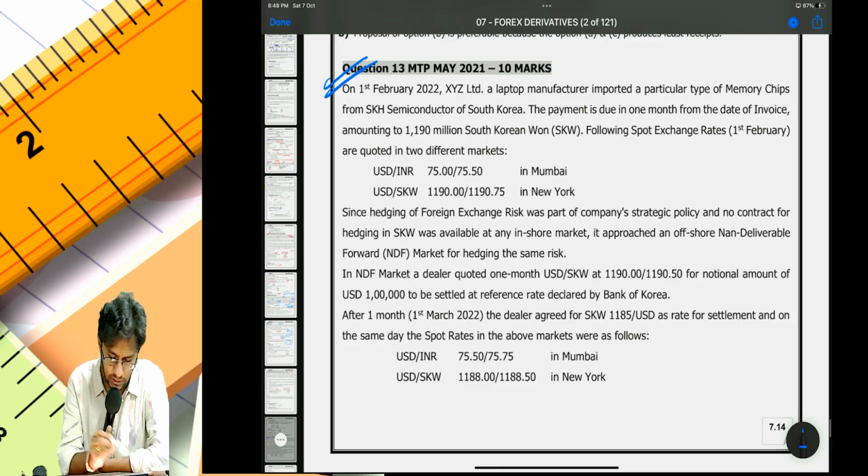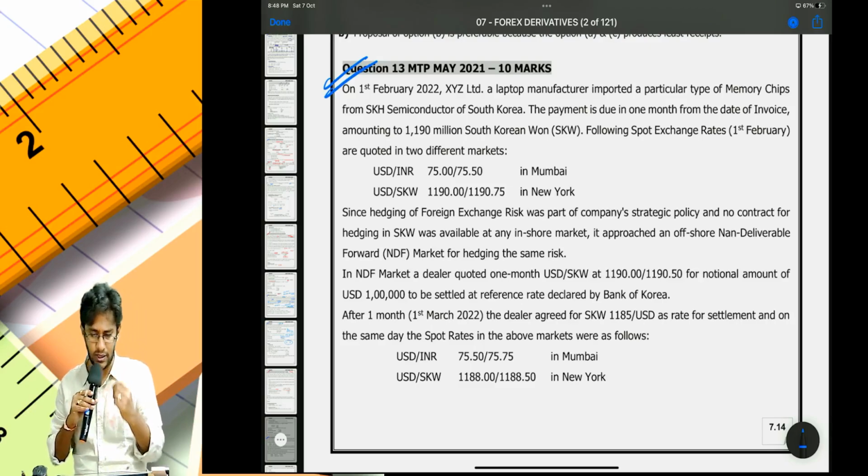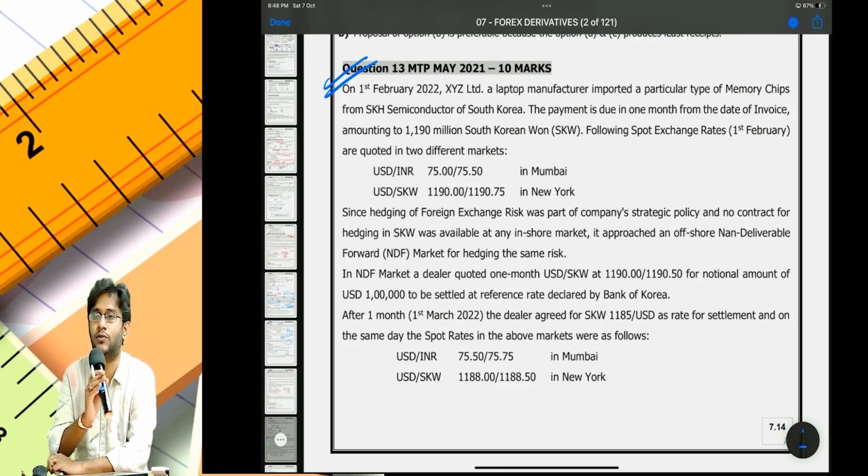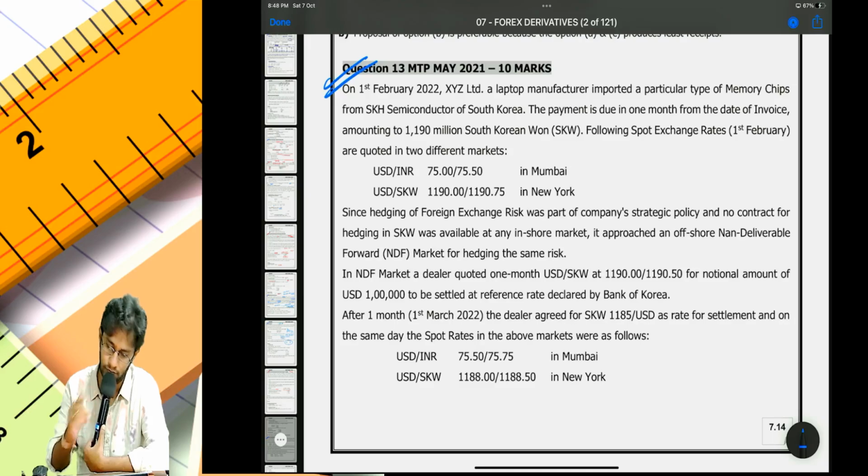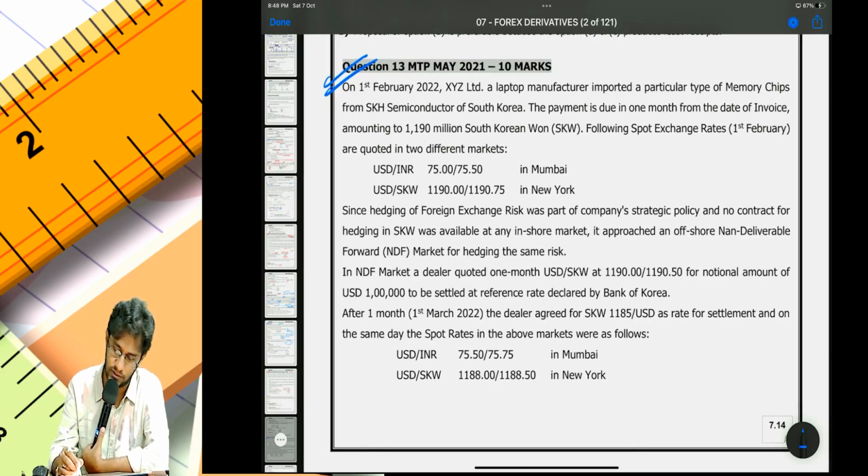Sir, question number 13, we'll solve it in the next session, it's a little lengthy. Question number 13 is actually not directly related to futures, but it's similar to futures. It is called an NDF, a non-deliverable forward. It means a forward contract only, but delivery is not there.